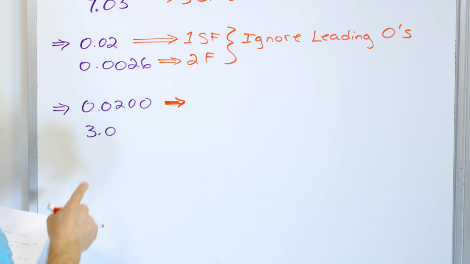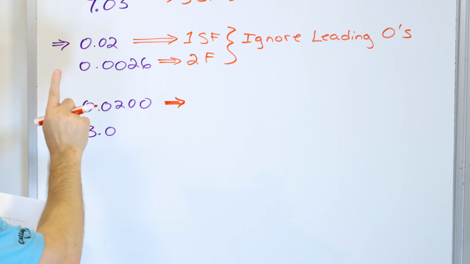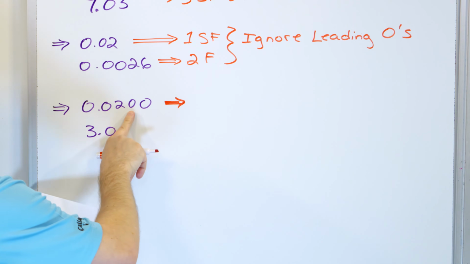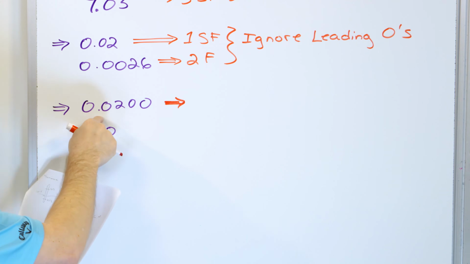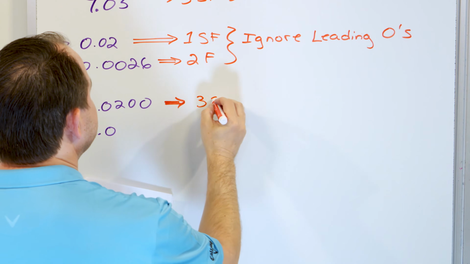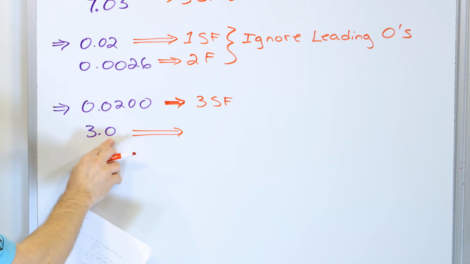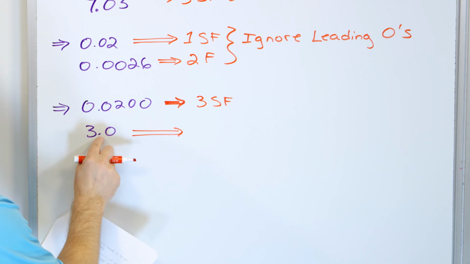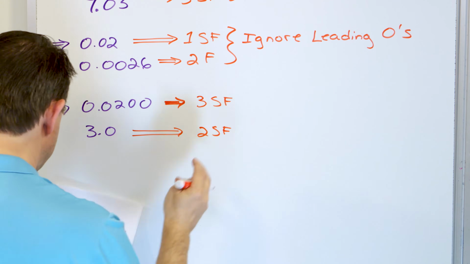Well, we already said we're going to ignore leading zeros, so we're ignoring these. This one's significant, but it turns out that trailing zeros, like this one, they are significant if there is a decimal point. So this actually has 3 significant figures. And trailing zeros, like this one, is also significant, assuming there is a decimal point. So there's 2 significant figures here, right?